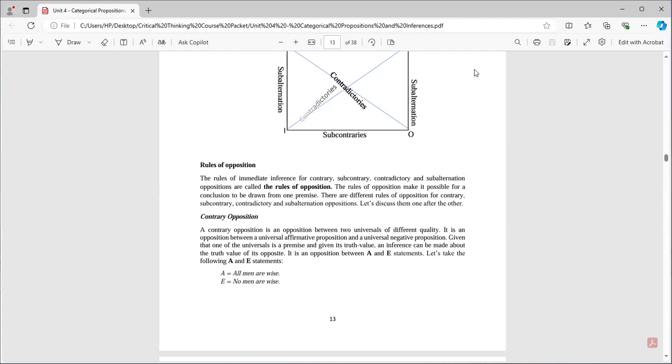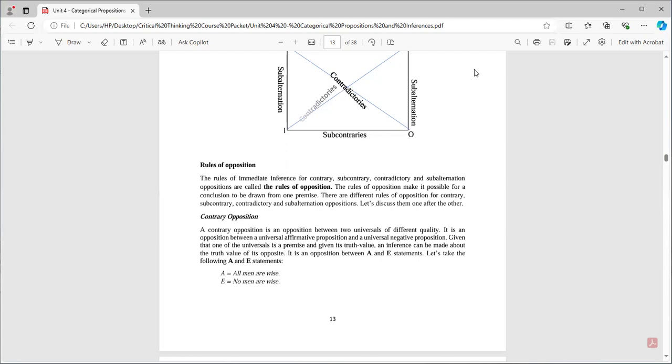Now, what if the premise is false? Would the conclusion be true? All men are wise. Our statement is false. What will be the truth value of our conclusion? Will it be false? Will it be true? It will be true.